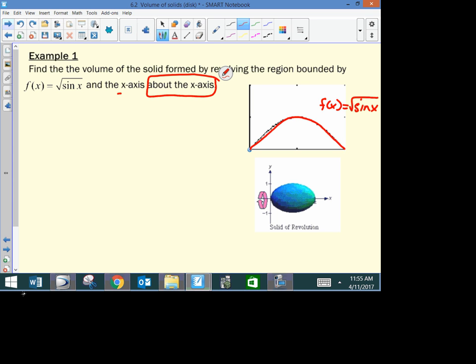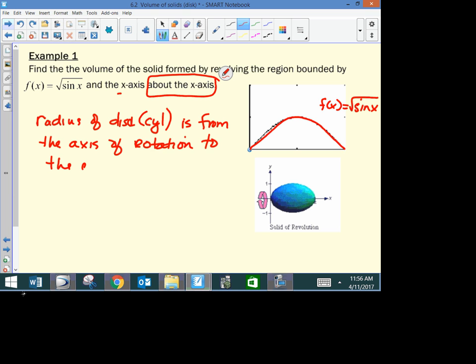What you need to know is that the radius of the disc or the cylinder, just FYI, some people spell disc with a C, some with a K, either goes, is the distance from the axis of rotation to the edge of the area from before.